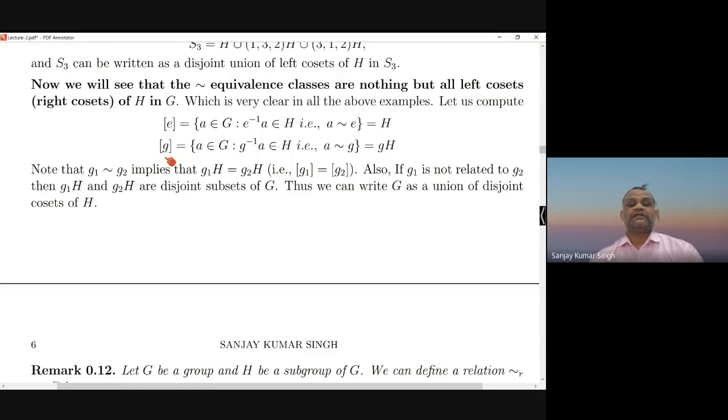Similarly, the equivalence class of g is the same as the left coset of H with respect to this element g.